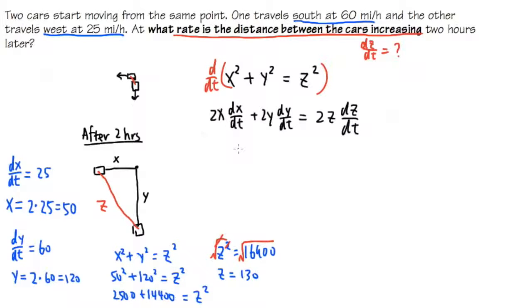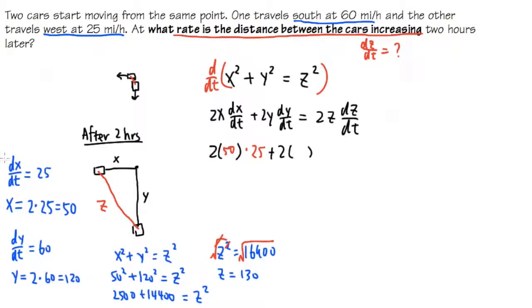Plugging into this, we will be able to solve for dz/dt. So 2, x value is 50. And how about the dx/dt? Do we know about that? Yes, it is this, which is 25. Sorry, right here, 25. That's the speed for the car. Plus 2 times y. So let me open the parentheses.